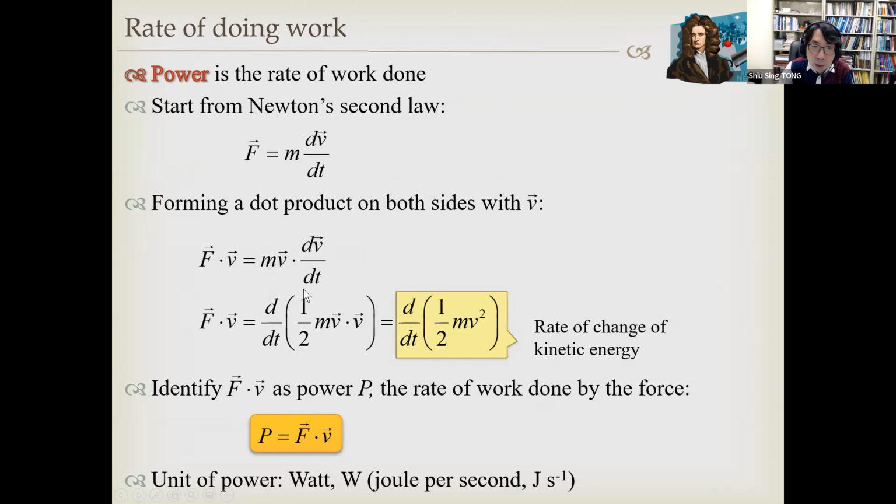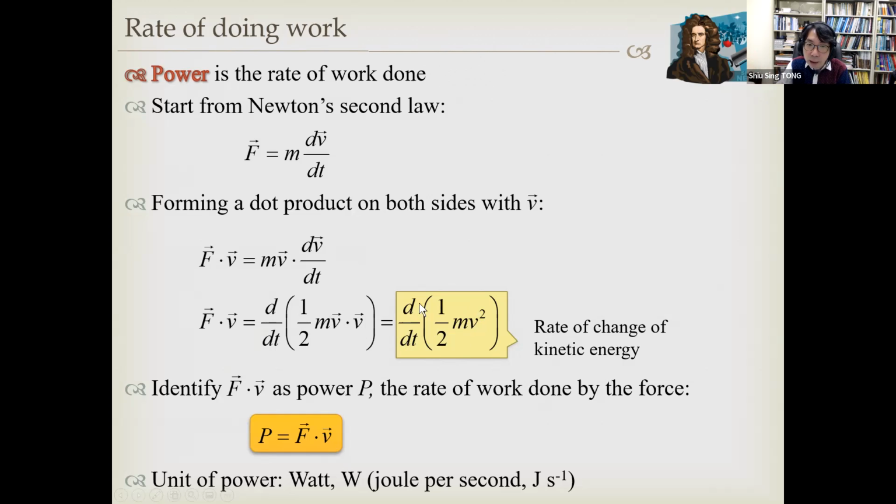Now let's see how we handle the term on the right. We can handle the term on the right as the time derivative of half m v dot v. You just treat it as v squared. So when we differentiate the v squared, we just get 2v dv dt, right? But the 2 will cancel with the 1/2 here. So I can write this expression as d dt of half m v dot v, which is half m v squared.